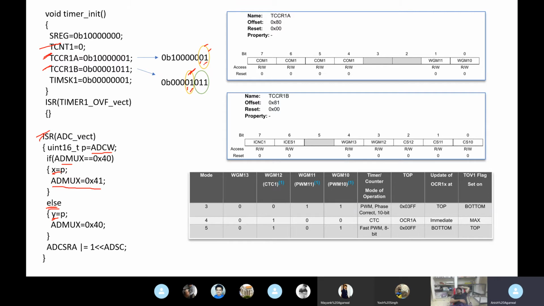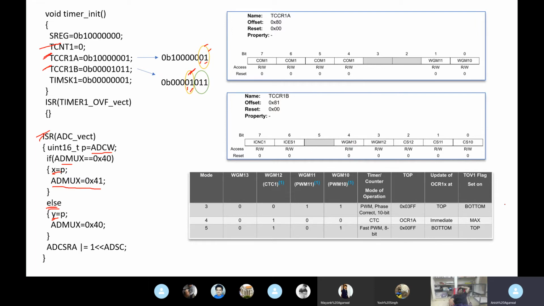Is it phase correct or fast PWM? If you see in the TCCR1A register, these two stand for WGM11 and WGM10. And these two in TCCR1B, the third and the fourth, stand for WGM12 and WGM13.